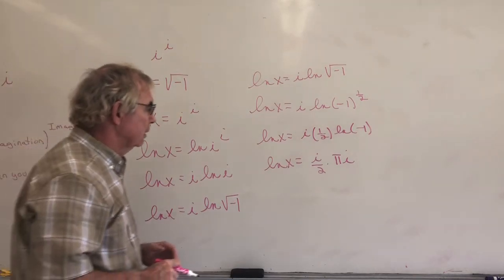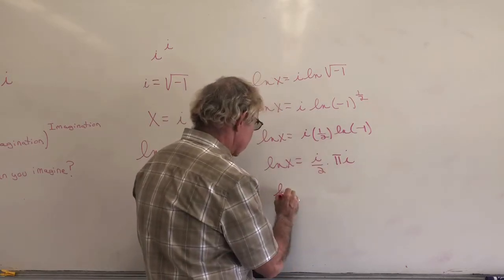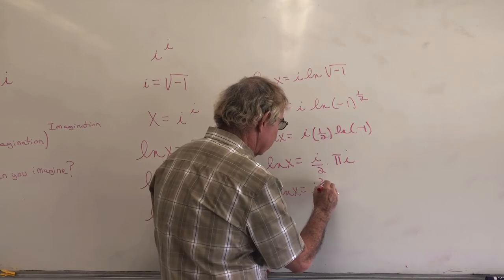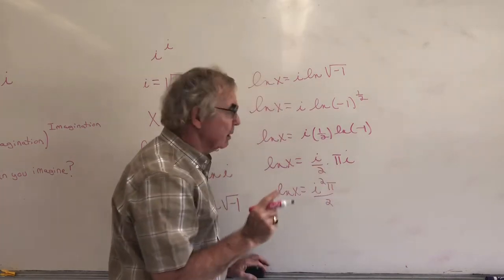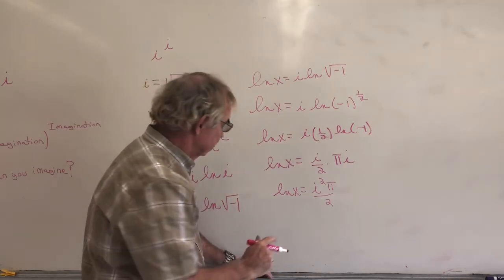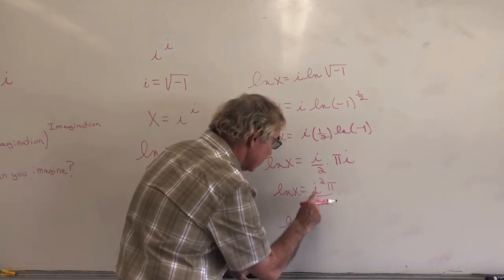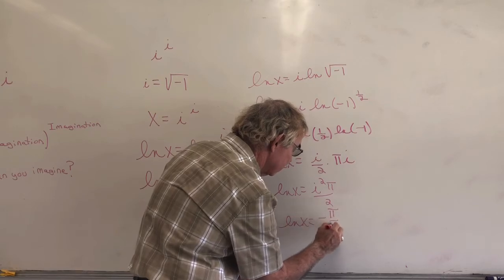Well, we got i times i, and that's i squared times pi over 2. But remember, i squared is -1. So that's -1 times pi, which is negative pi over 2.